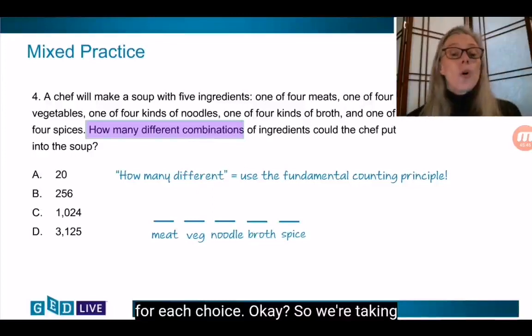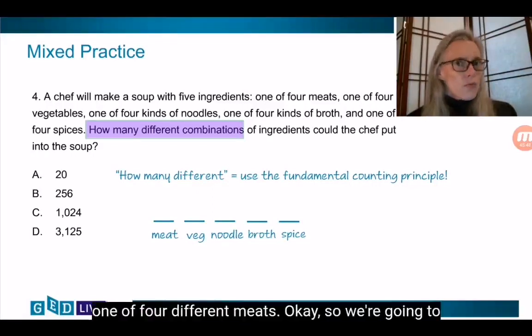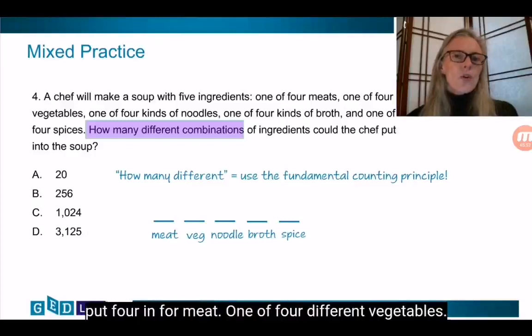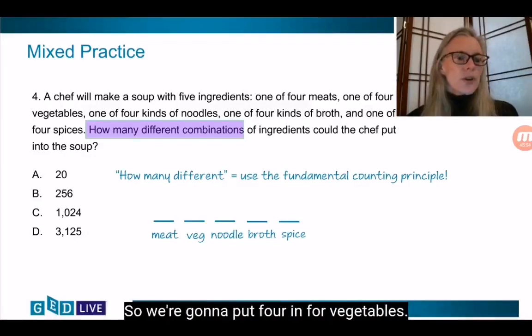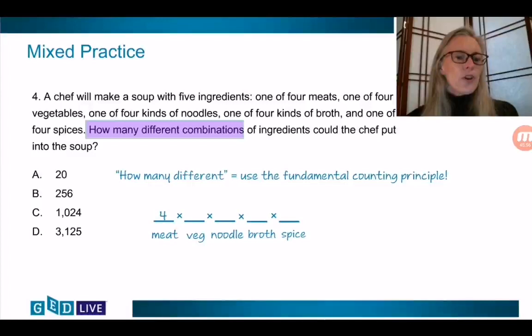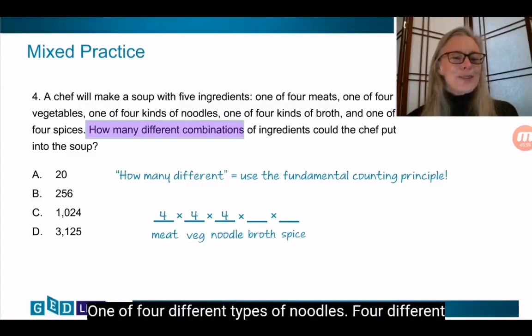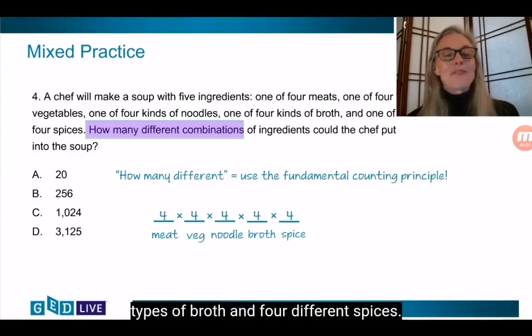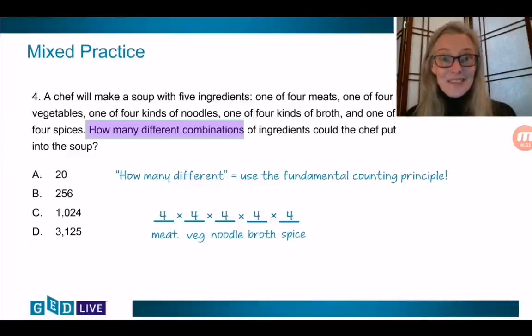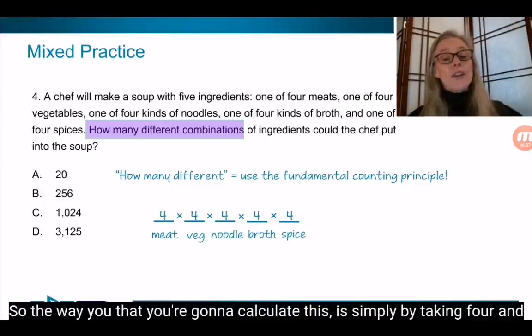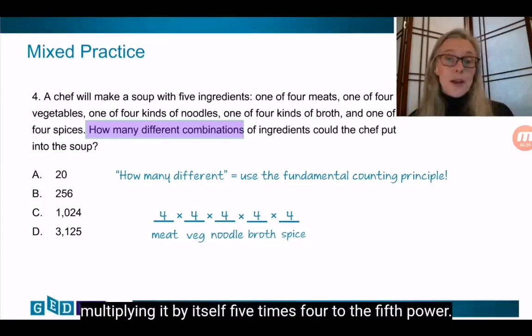So we're taking one of 4 different meats, so we're going to put 4 in for meats. One of 4 different vegetables, so we're going to put 4 in for vegetables. One of 4 different types of noodles, 4 different types of broth, and 4 different spices. And that's it. The way that you're going to calculate this is simply by taking 4 and multiplying it by itself 5 times, 4 to the 5th power.